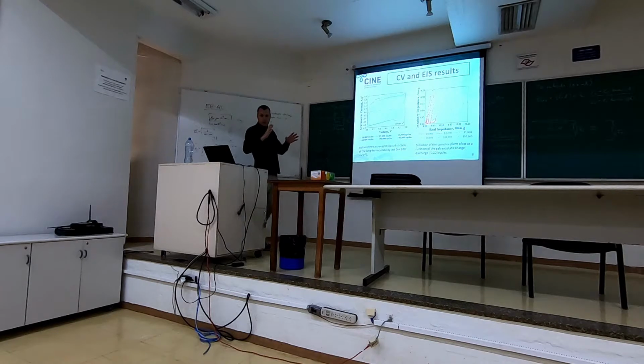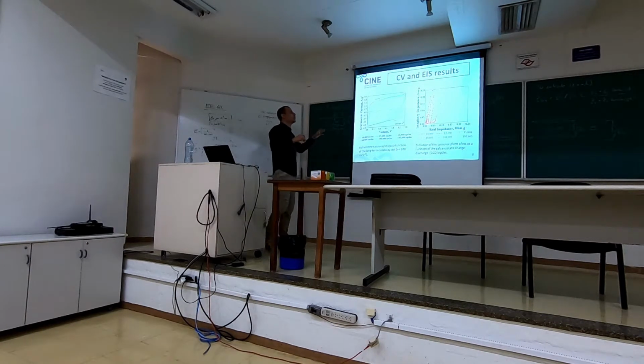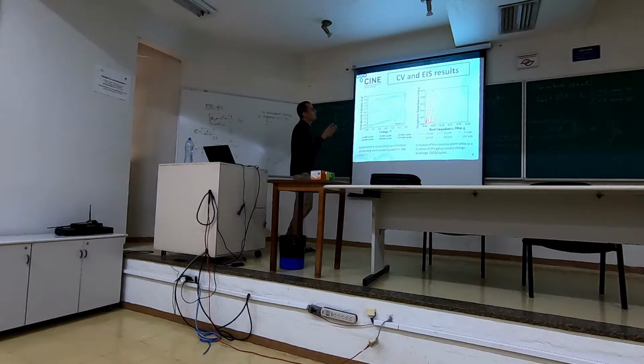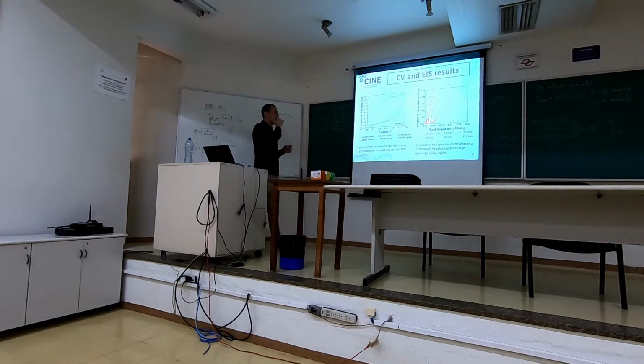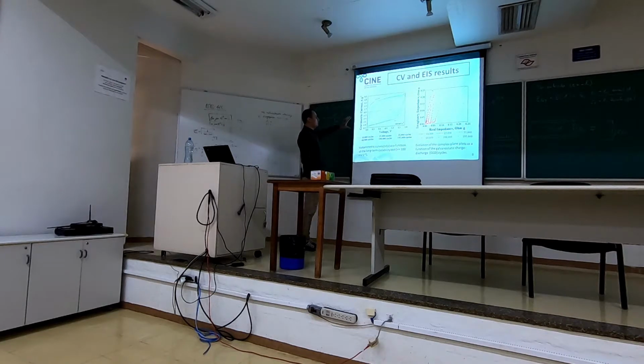Okay, to understand the electrochemical response of these electrodes, we made different types of electrochemical studies. First, in this figure we can see cyclic voltammetry and electrochemical impedance results. On the left side, we can see the voltammetric curves as a function of charge and discharge cycles.